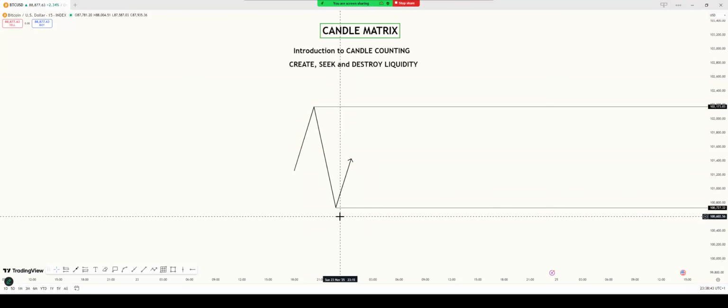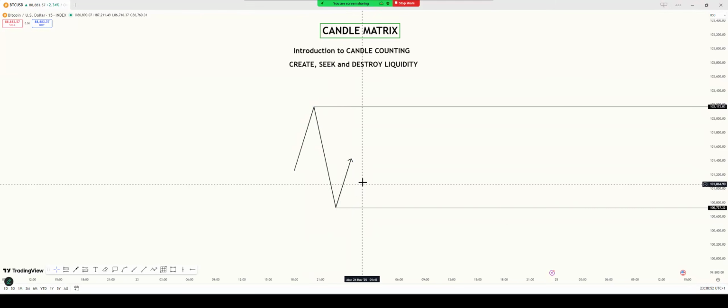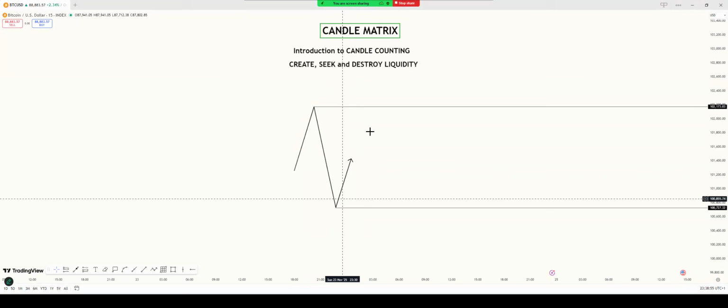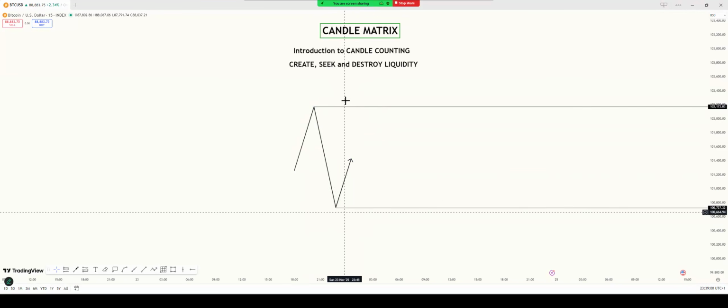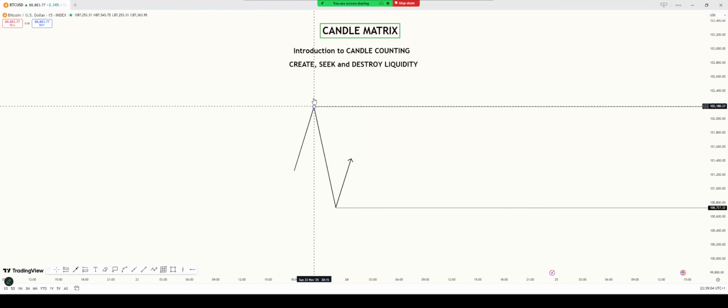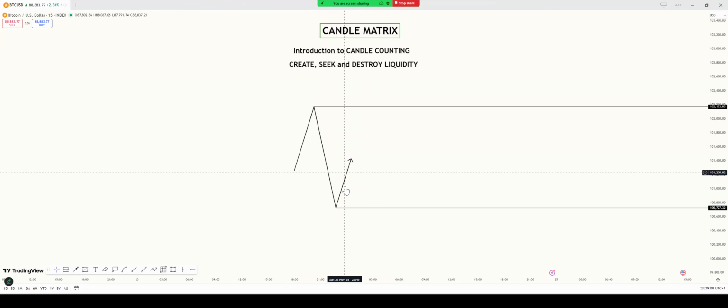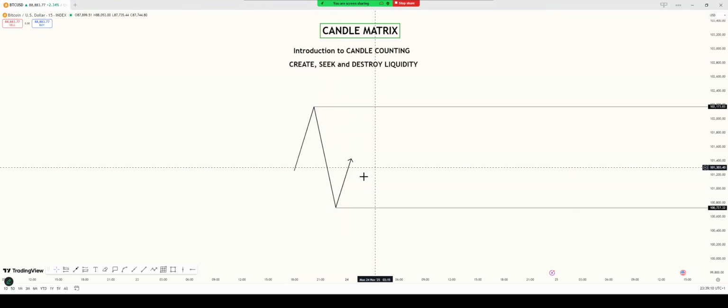The next step is to count the number of candlesticks that fall within the range, the number of candlesticks inside the range that failed to take the range low or range high. So if we have 3 candlesticks from this high to this low, then we also want to count the number of candlesticks inside of it.